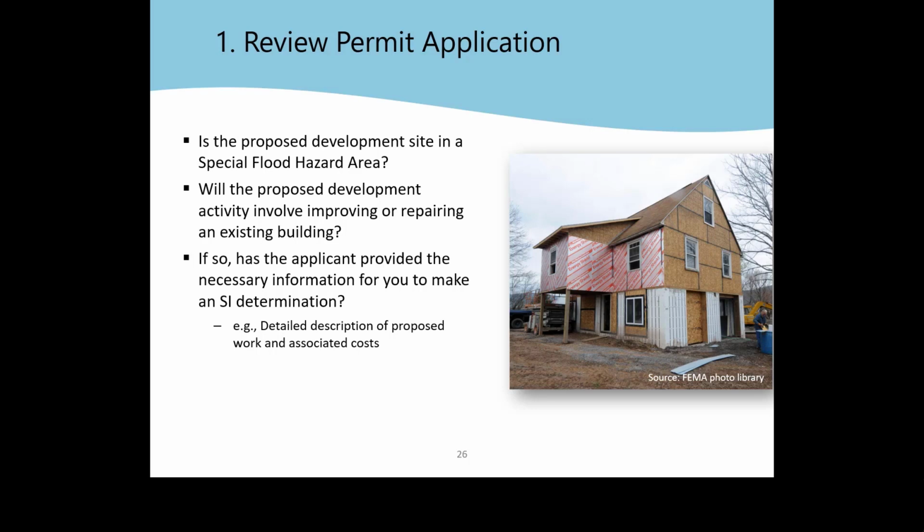And I know on some of the permit applications, either the building permit or the floodplain permit, it has a place for the applicant to put an estimate of costs if they're doing some improvements. And improvements can be within the existing footprint of the structure, or it could be an addition. If they are making some improvements, you need to make sure that they've submitted everything.